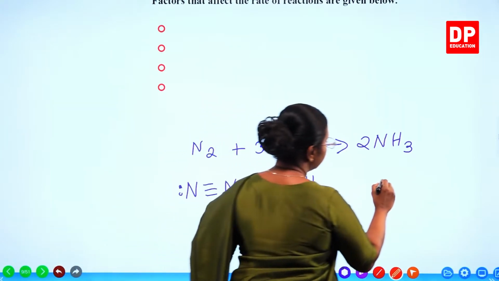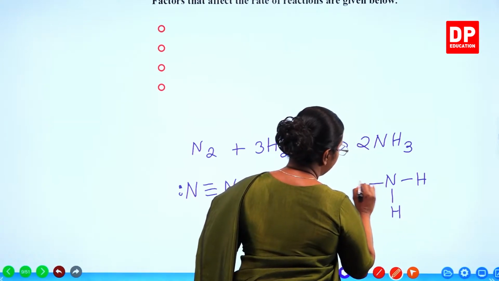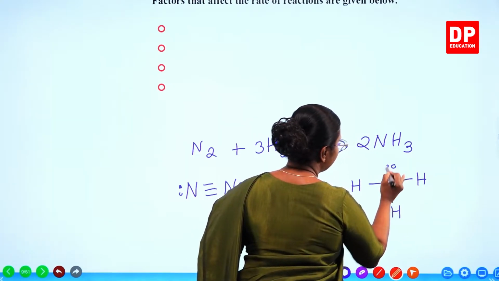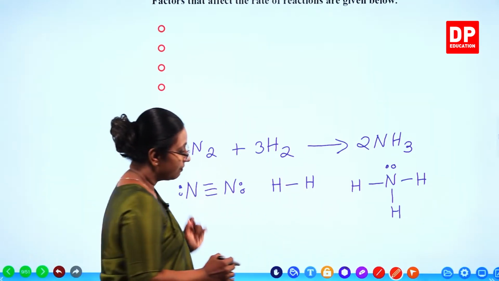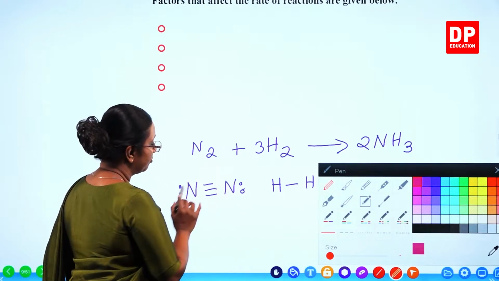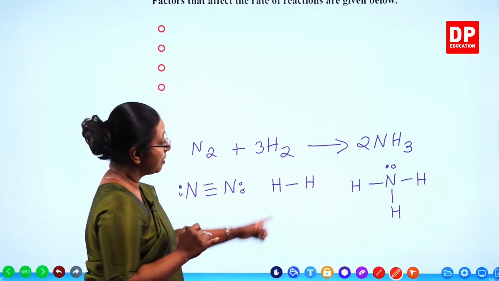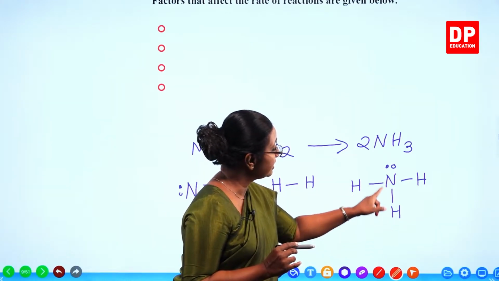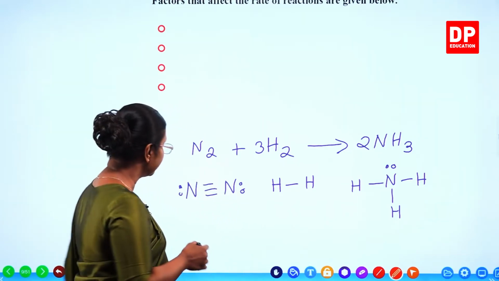Then you know the structure of ammonia, NH3, nitrogen-hydrogen bonds, and there is a lone pair. Now look at the bonds. What can you see there? Now there is a triple bond between 2 nitrogen atoms, a single bond between hydrogen atoms, but here you only see nitrogen-hydrogen bonds. So what happens here?